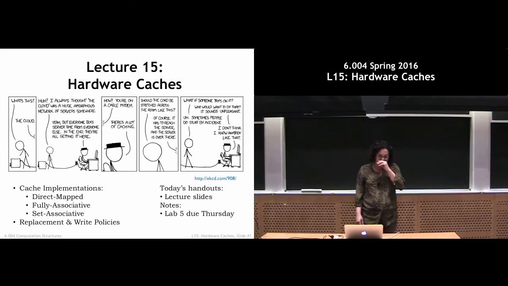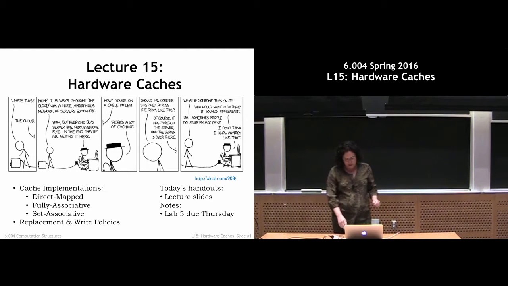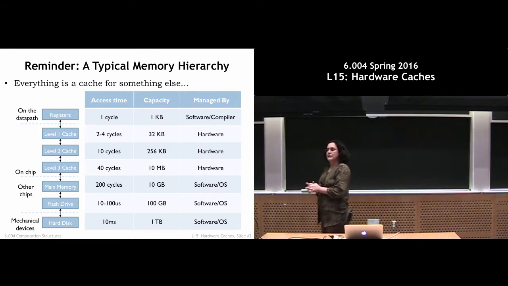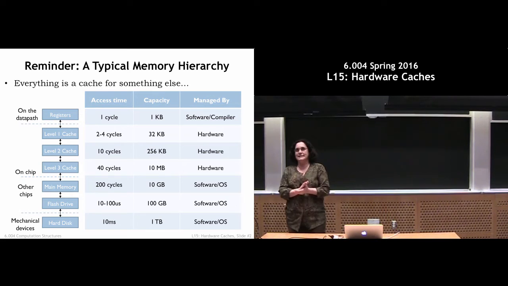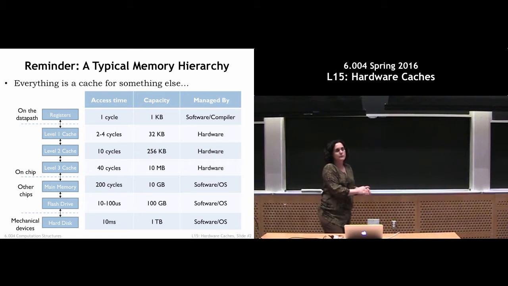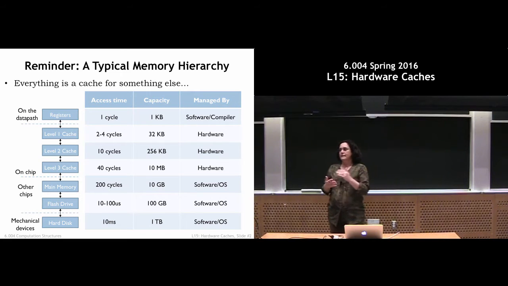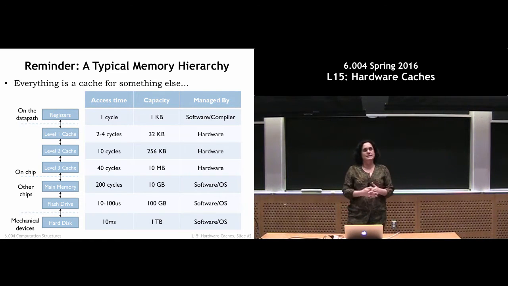So today we're going to continue learning about caches. We're going to start off with a very quick summary of where we left things last time. If you recall, we went through a whole slew of different types of memories available to us, what they looked like, and when we might want to use each one.